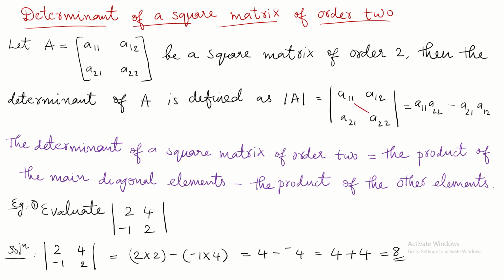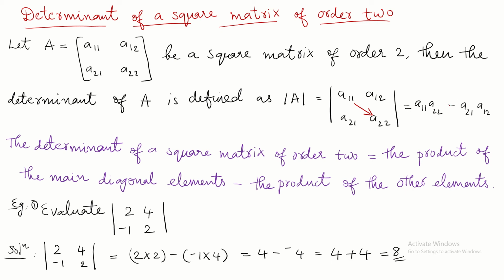A11 multiplied with the A22 element, that is A11 into A22. I have not put the multiplication sign here. A11, A22 means A11 is multiplied with A22. For example, if you have 1 here and 2 here, then 1 into 2 is your A11 into A22.